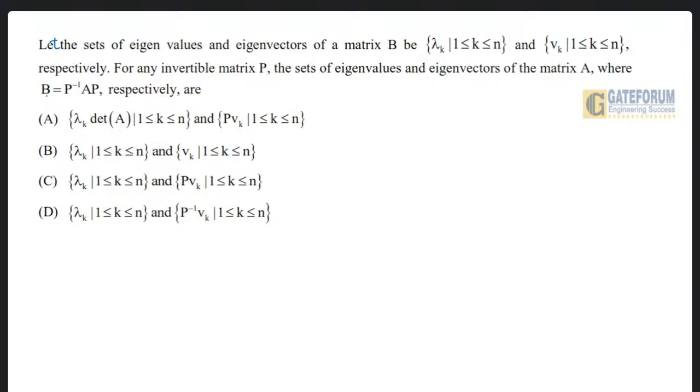The solution: first observation, B is P inverse into A into P, where P is an invertible matrix. So the B matrix has eigenvalues lambda 1, lambda 2, and so on up to lambda n, which is an n cross n matrix. Eigenvectors are usually denoted by capital X, but here they have denoted them by V. So V1, V2, V3, up to Vn are the n eigenvectors corresponding to the n eigenvalues lambda 1, lambda 2, up to lambda n of the matrix B given.